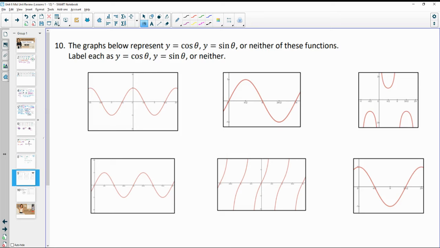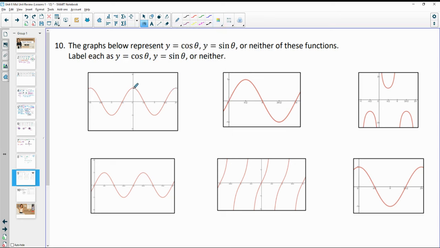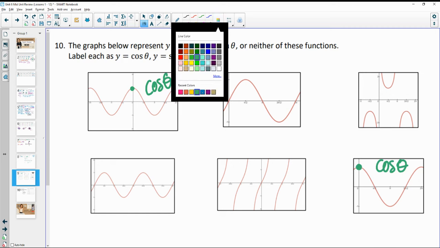Number 10, the graphs below represent cosine, sine, or neither of these. Label each as cosine, sine, or neither. So we just looked at that. Cosine starts at a maximum or at 1, and then is sinusoidal like this. It goes up and down. So this one is cosine. And then this one also starts at a maximum, so this one is cosine as well.